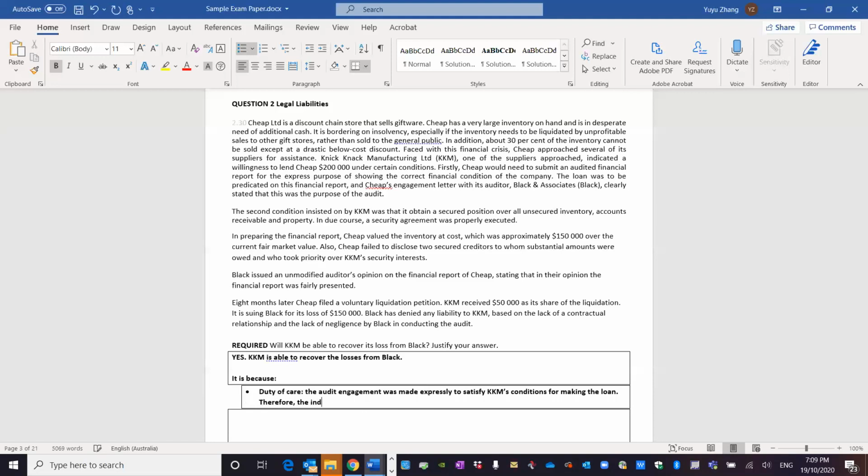Therefore, the inducement or the proximity exists, which created a duty of care for the third party.